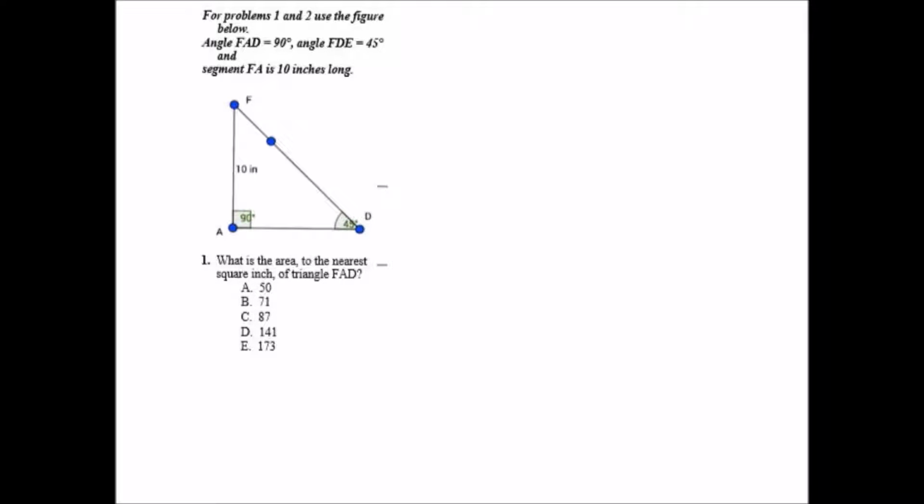Because this is a 45, 45, 90 triangle, then these two angles are congruent, and because these two angles are congruent, then their sides must also be congruent.